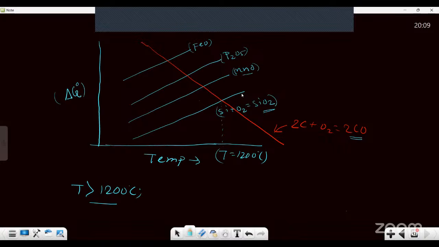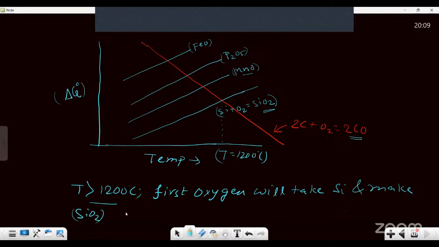This metal oxide line is the most stable, so silicon will first take up the oxygen and make SiO2, which is silicon dioxide or silica, as SiO2 is more stable compared to other oxides in the Ellingham diagram. Now, after that, what happens?